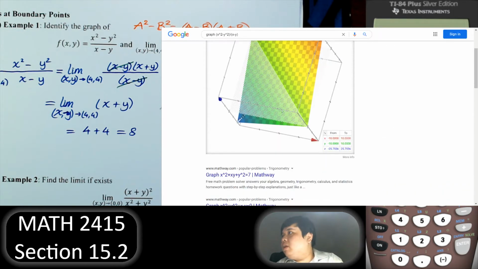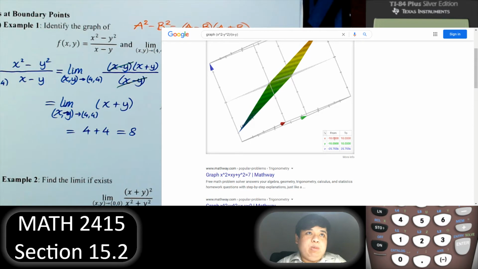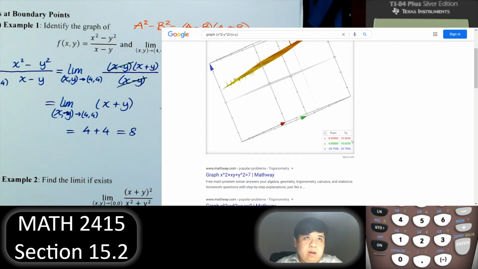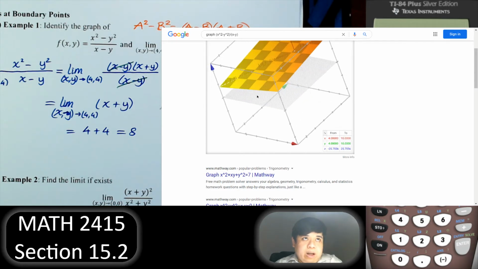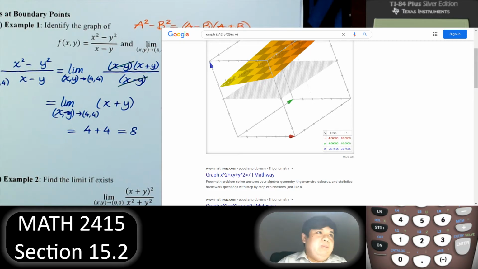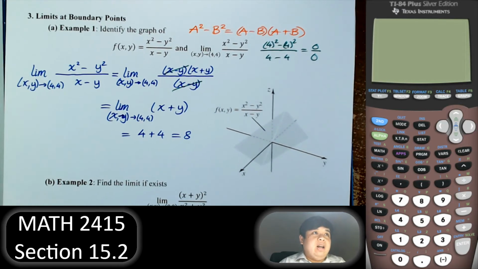So this is just a plane, and if we choose x to be 4 and 4, we can actually find the values. So it's just a plane, so the limit should be simple. Right, I said the graph here does not help us as much, but we can find the limit that way.